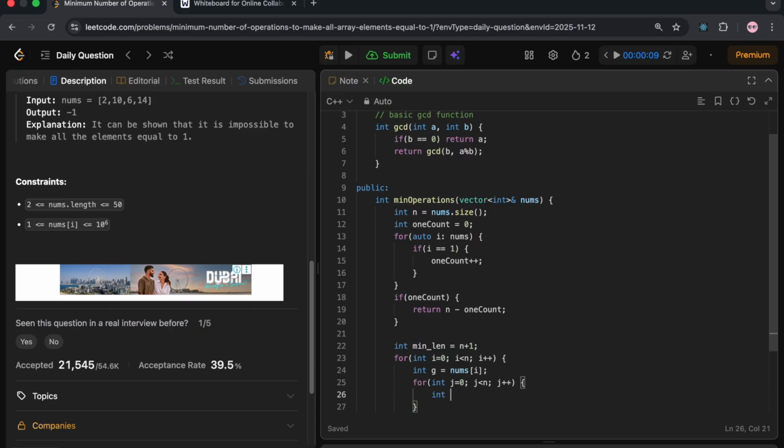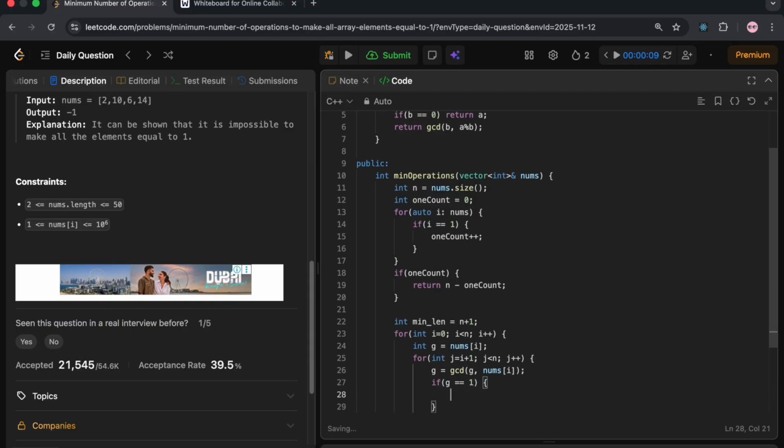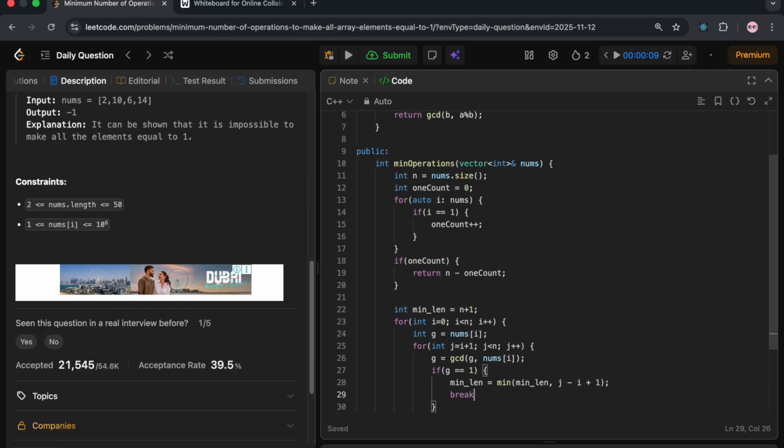We will calculate the GCD of g and nums of j, this should be i plus 1, right? If the GCD is 1, we will take the minimum length as the minimum of minimum length and j minus i plus 1, and we will break it, not return it, right?